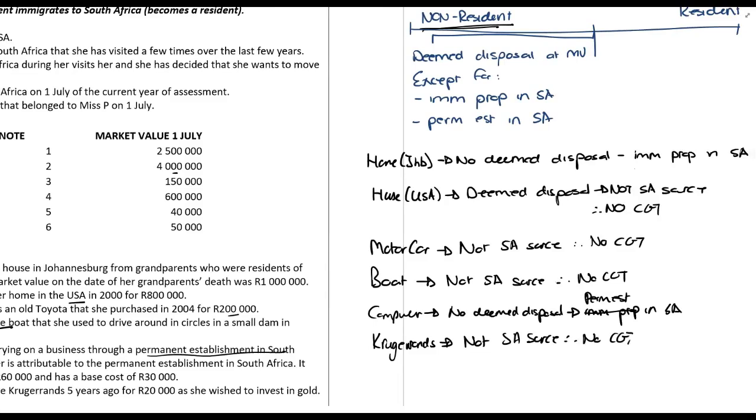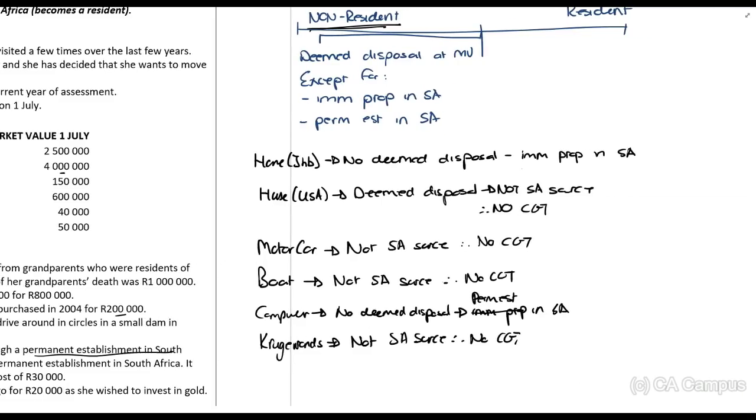So which of these assets was subject to CGT as a non-resident? The house in South Africa and the computer. All of the other assets have been deemed to have been disposed of. The house in the USA is a deemed disposal. The motor car is also a deemed disposal. It's just not a South African source.